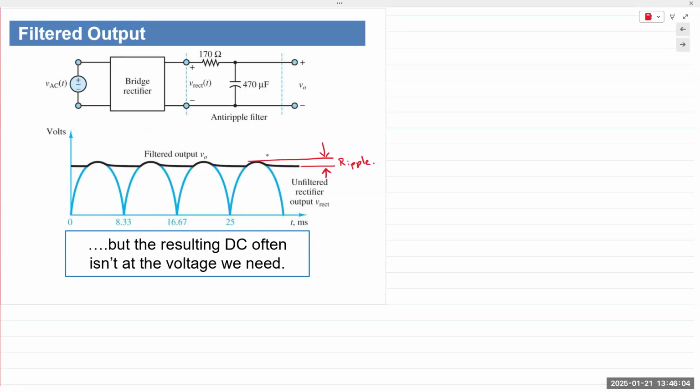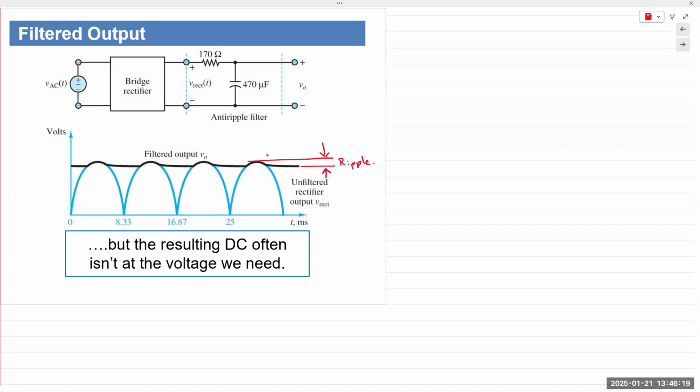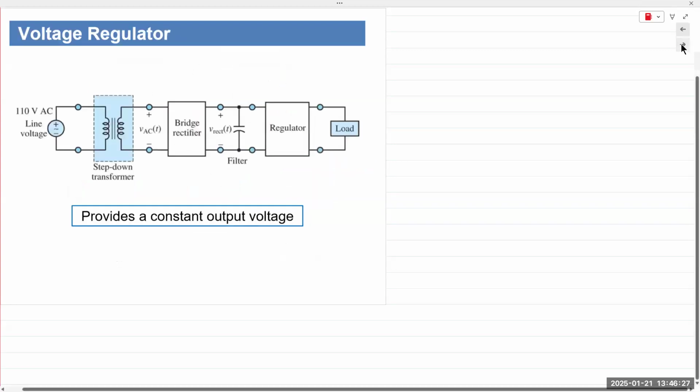So very, very small, but it's still there. So depending on our application, which like all modern electronic devices, of course, require very strict flat lines, this is still not quite what we need. And so we must regulate the output voltage so that we have a flat line at the output.